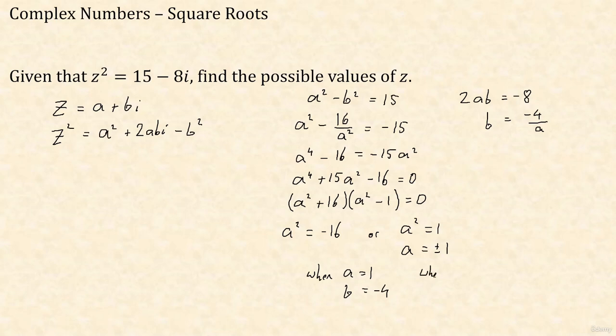And when a is minus 1, we get b is negative 4 over minus 1, which is 4. So the two solutions here are either z is 1 minus 4i, or z is minus 1 plus 4i. And just like square roots with real numbers, you'll notice the roots are always just negatives of each other. So that's how we can find square roots of complex numbers.